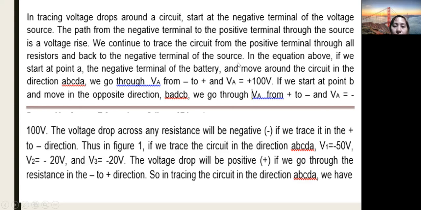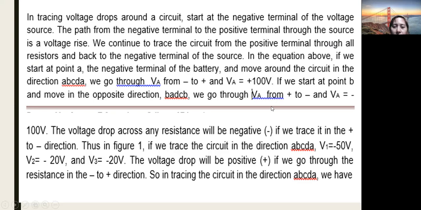terminal of the source. In the equation given a while ago, if we start at a point A, the negative terminal of the battery, and move around the circuit in the direction A, B, C, D, we go through the VA from negative to positive, and the voltage applied is equal to positive 100.